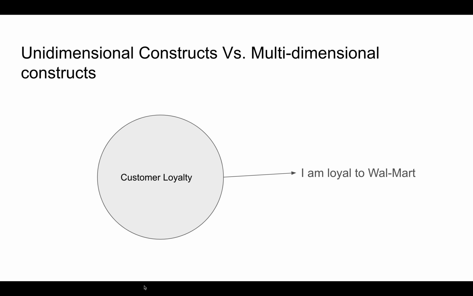So we will ask the customer to select a number between 1 and 7, with 7 being strongly agree that he or she is loyal to Walmart, and 1 indicating strongly disagreeing with I am loyal to Walmart. So this is an example of a unidimensional construct. So we think that just by answering this one question, we can measure a customer's loyalty.